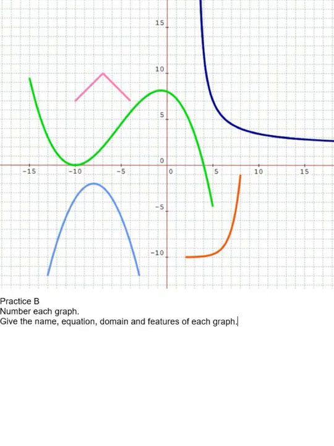Okay, last is our absolute value graph, the pink one. If it was starting at 0, 0, it would start down here. So it's moved to the left 7.